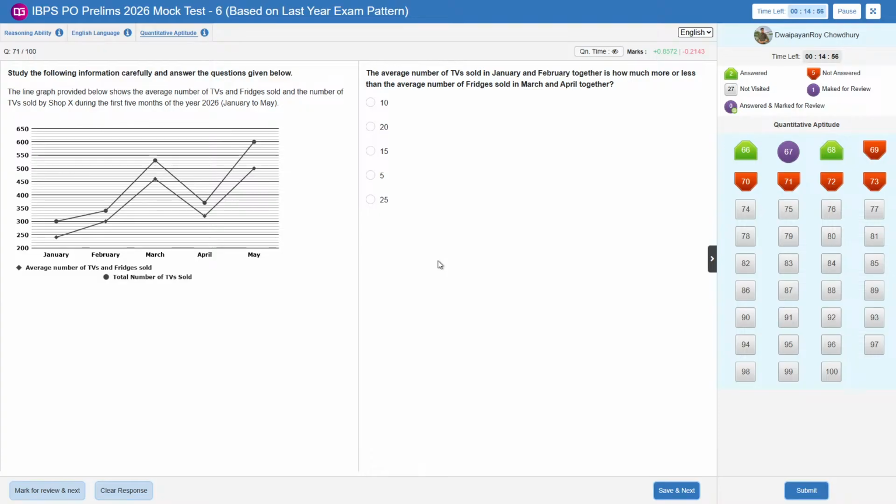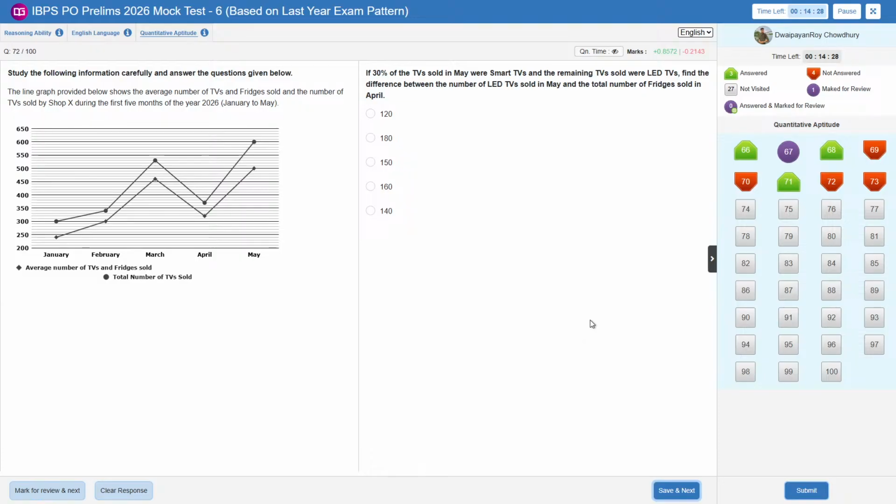The average number of TVs sold in January and February, TV 320. How much more or less than the number of average fridges in March and April? March and April fridges are going to be 330. 330. So 10. If 30% of TVs sold in May were smart TV and remaining LED, find the difference between LED TVs in May and fridges in April.